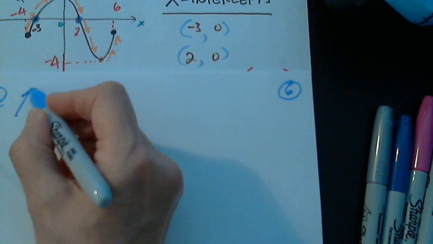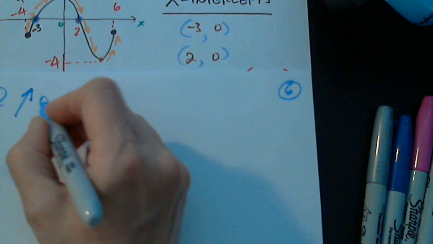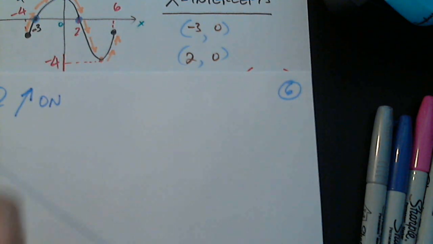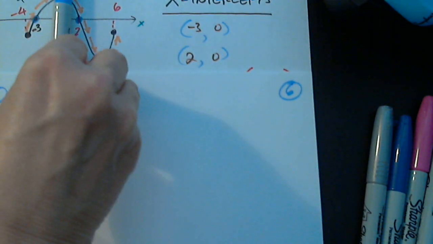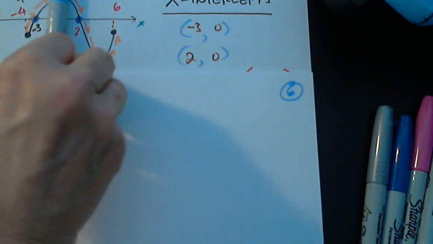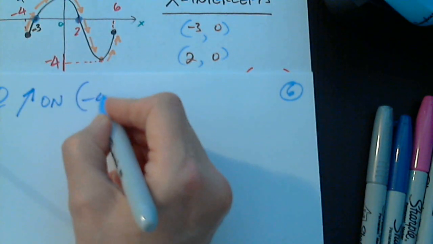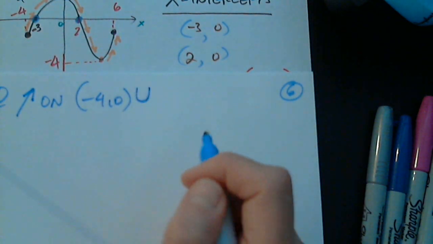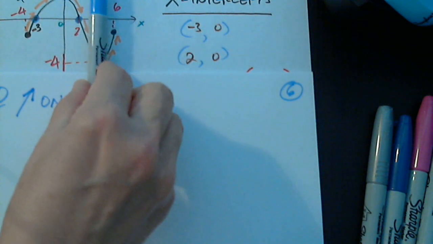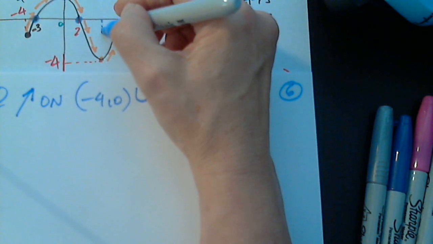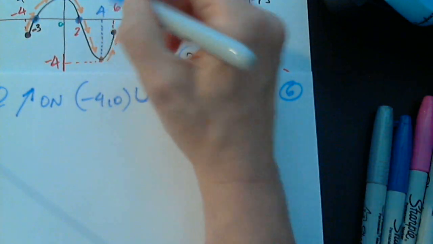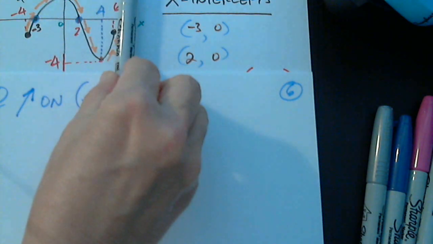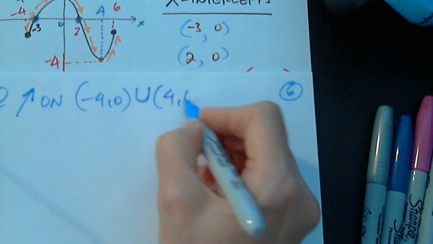So I will say this: f is increasing on (-4, 0), from x being -4 till x being 0, with parentheses, union, because there is another interval, from 4 to 6, also an open interval.